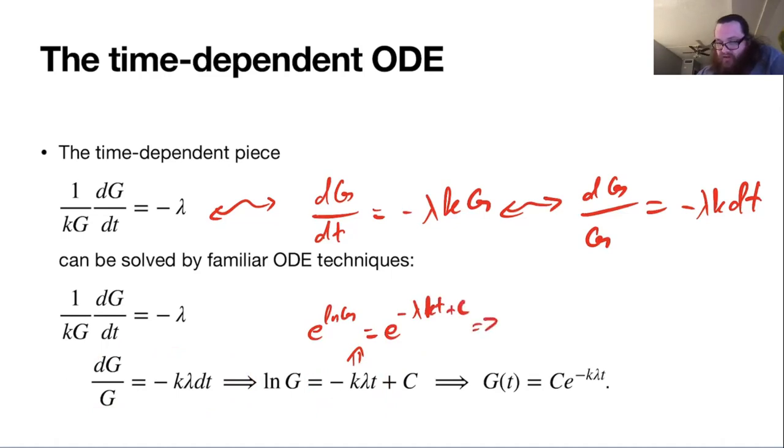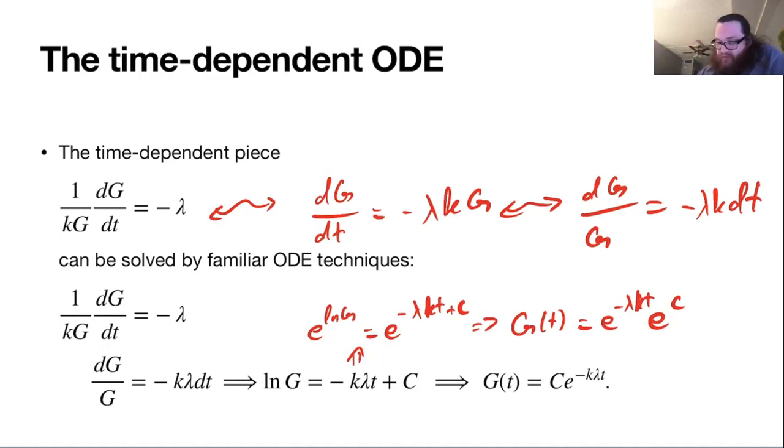E to the log, right? They're inverse functions of one another. So on the left, you get g of t. On the right, you can rewrite this as e to the minus lambda k t times e to the c, right? Because e to the whatever plus whatever is e to the whatever times e to the other whatever.